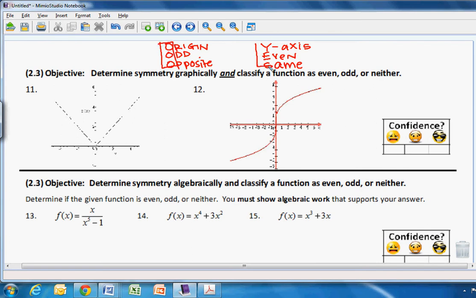It was in our notes. So if you take a look at number 11, there is symmetry along the y-axis. Symmetrical along the y-axis, so this is therefore an even function. Here we have our function that has this rotation going on, so it has symmetry about the origin, so it is an odd function.